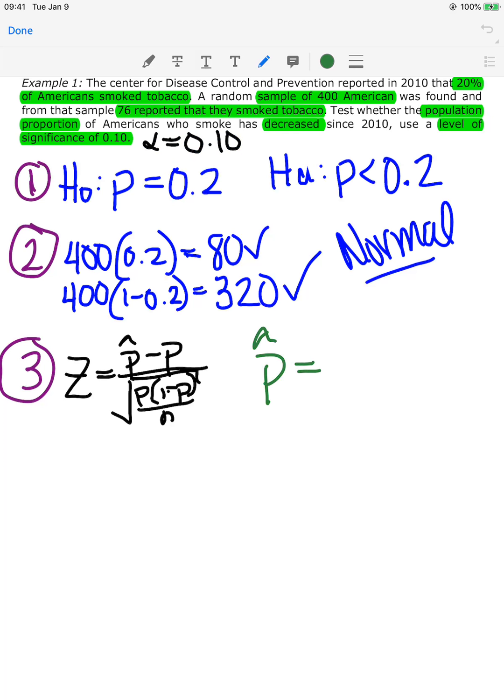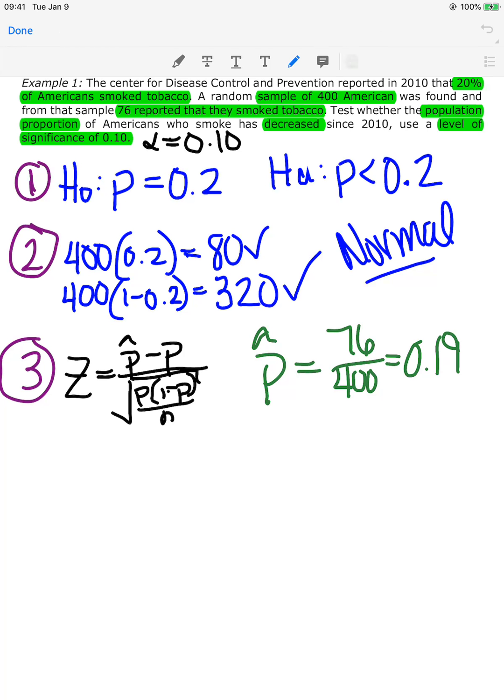So p hat is x over n, where x is the number of individuals with the desired characteristic. So we desire to find people who smoke. So we had 76 smokers out of the 400 that we surveyed. So that gives us 0.19.